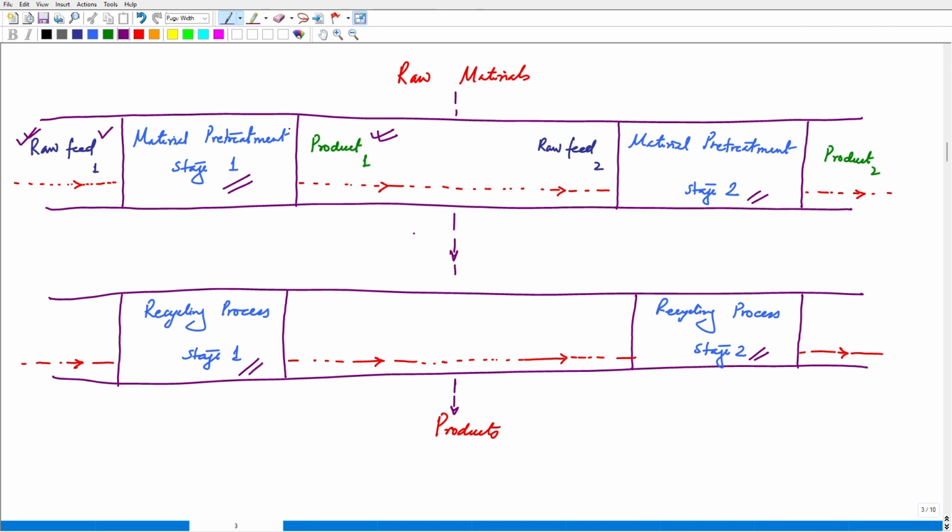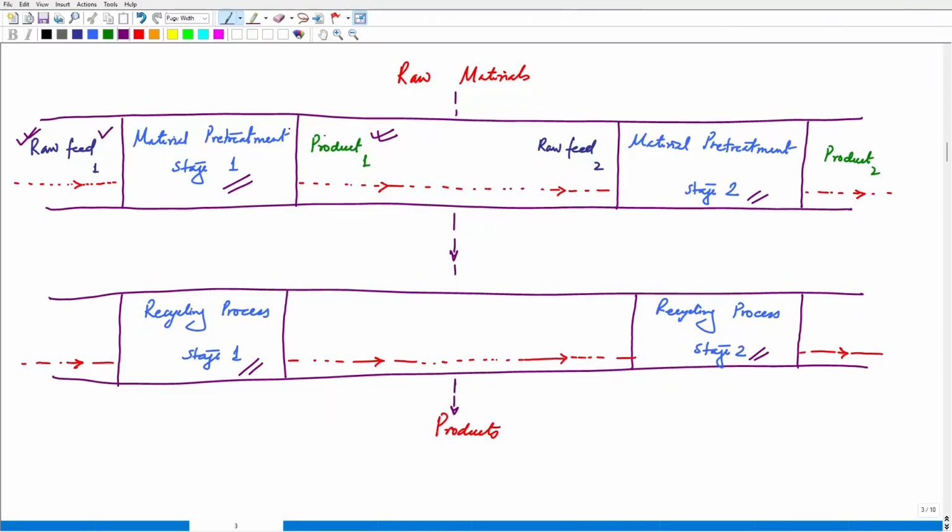Now, we have already emphasized that the raw material of a given process could be basically the product of a previous process, and it continues in the subsequent stages as well. So, the product of pre-treatment stage 1 is basically product 1, which is the raw material of stage 2. These are actually the same material.